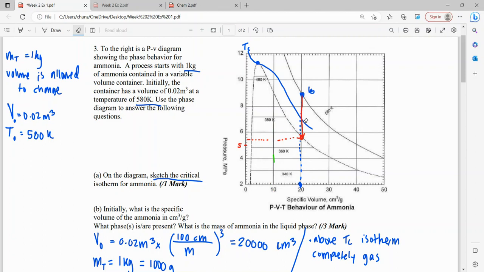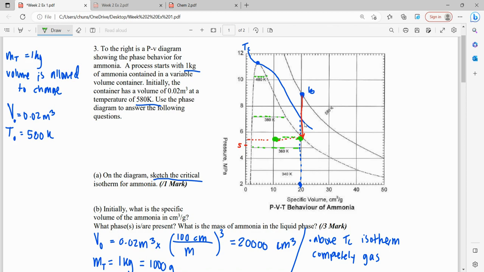If we were to follow isothermally up until 10, that means we would just read across, because each of these lines here are tie lines in our isotherms, right? So now that we're reducing our volume, we are also going to read in a tie line fashion up until this point.